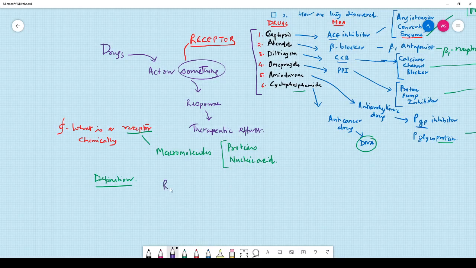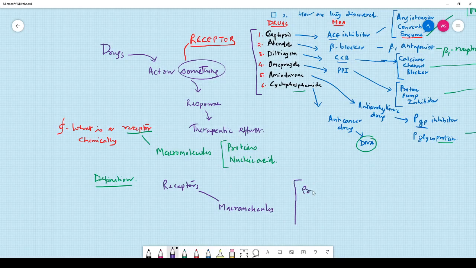So we say receptors are macromolecules. What macromolecules?